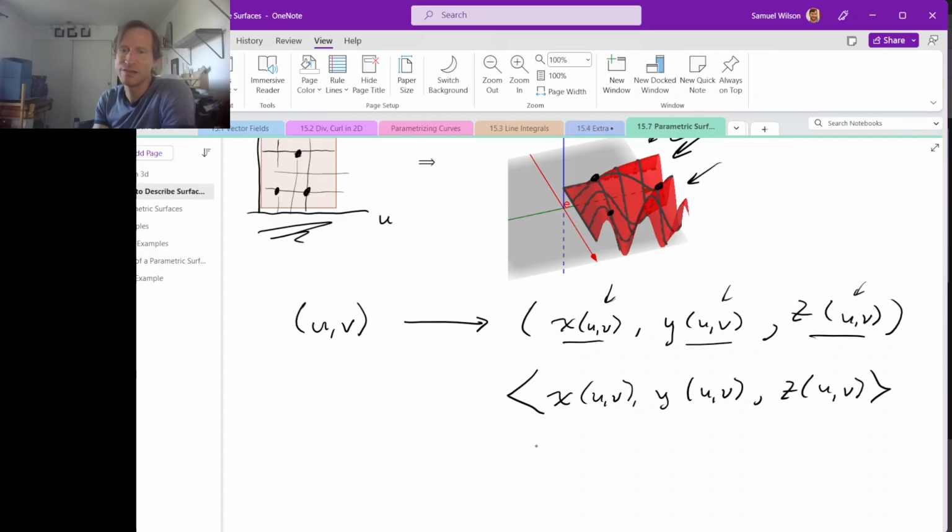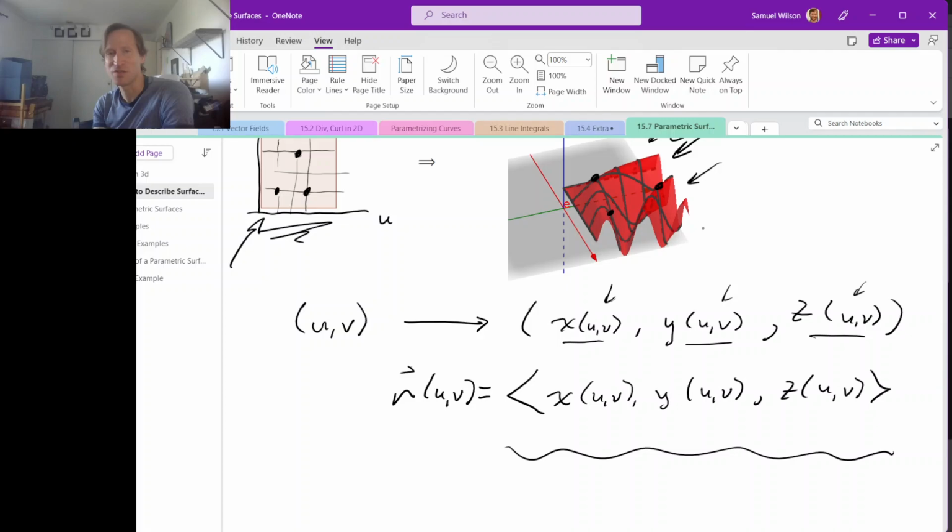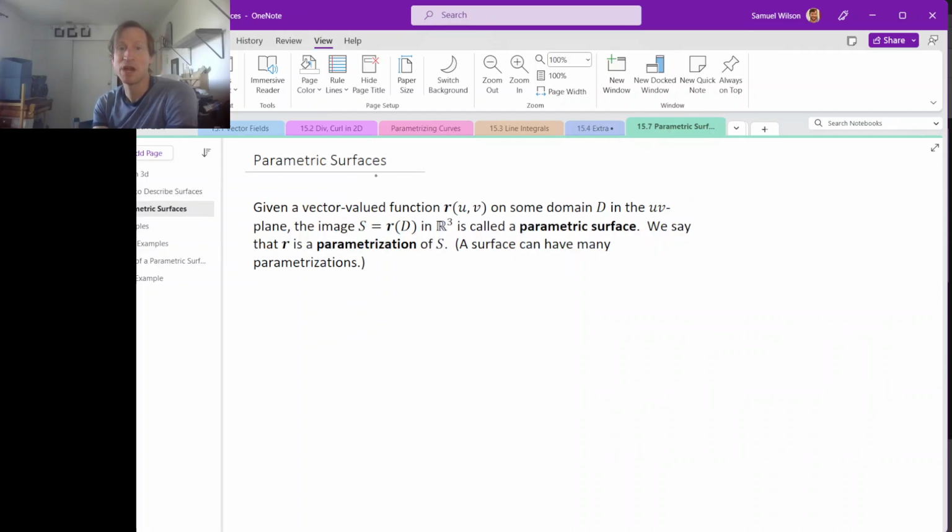So this information, 3 scalar valued functions that tell you x, y, and z, all packaged up into a vector valued function that we'll call r, along with some region in the UV plane in your parameter space, is how we will describe surfaces in 3D space. The usual term for this is a parametric surface.